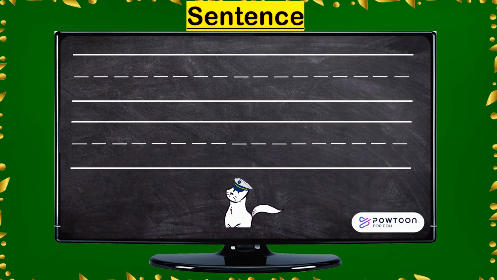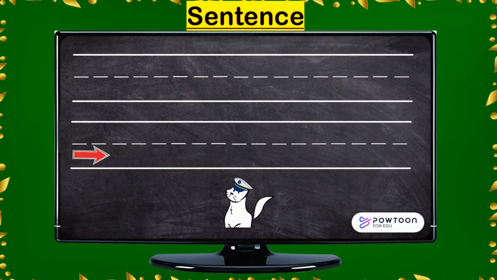Let's practice writing a sentence together now. I'm going to use this image to help us make a sentence. Let's write, the cat is in a hat. Can you say that with me? The cat is in a hat. When writing our sentence, we always start on the left and write across, all the way to the end, and then move on to the next line.